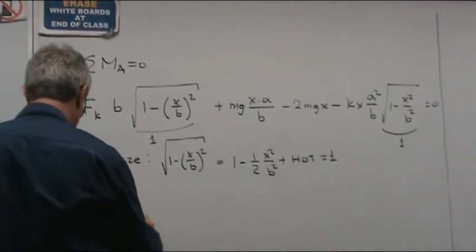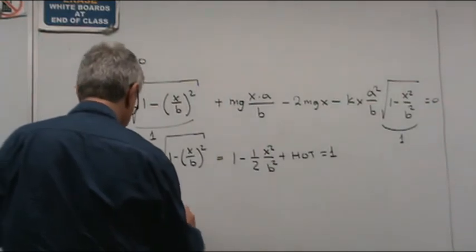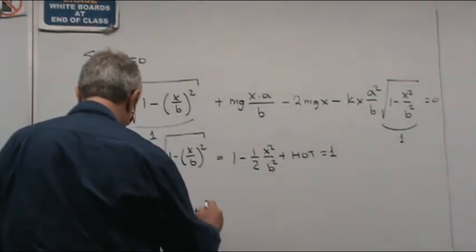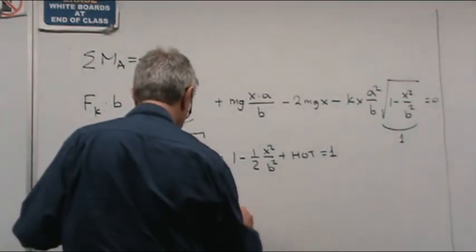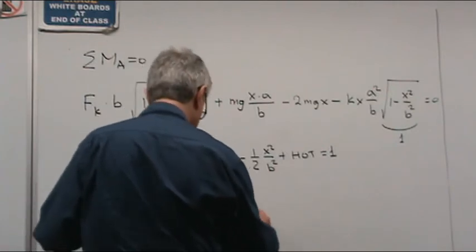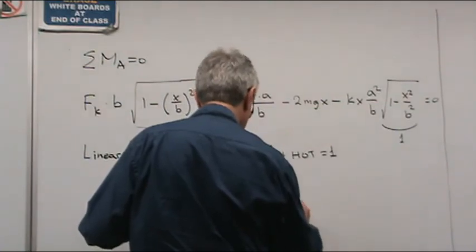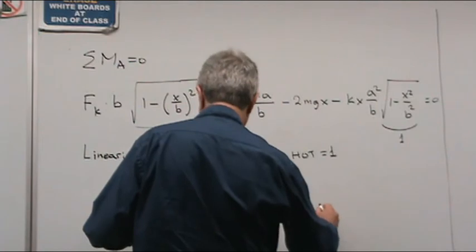F of k will be k times a squared over b squared plus 2 times mg divided by b minus mg a over b squared, times x.